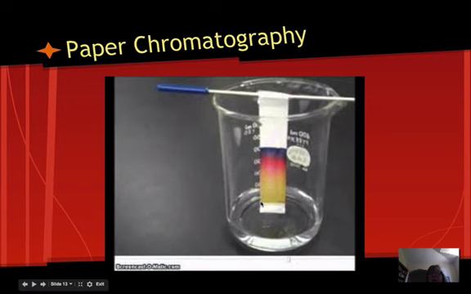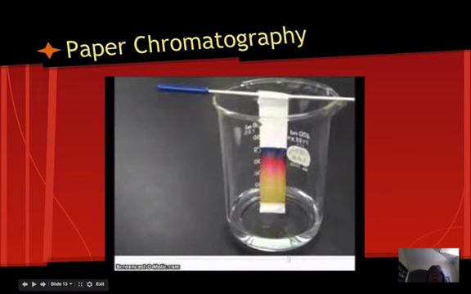Somebody would have drawn a line, I'm guessing with a black marker, about here, and then dipped it into the mobile phase. The mobile phase starts to move up and separates all those different colors in the pen, based on the affinity of the dyes for the stationary phase, or how mobile they are in the liquid phase.